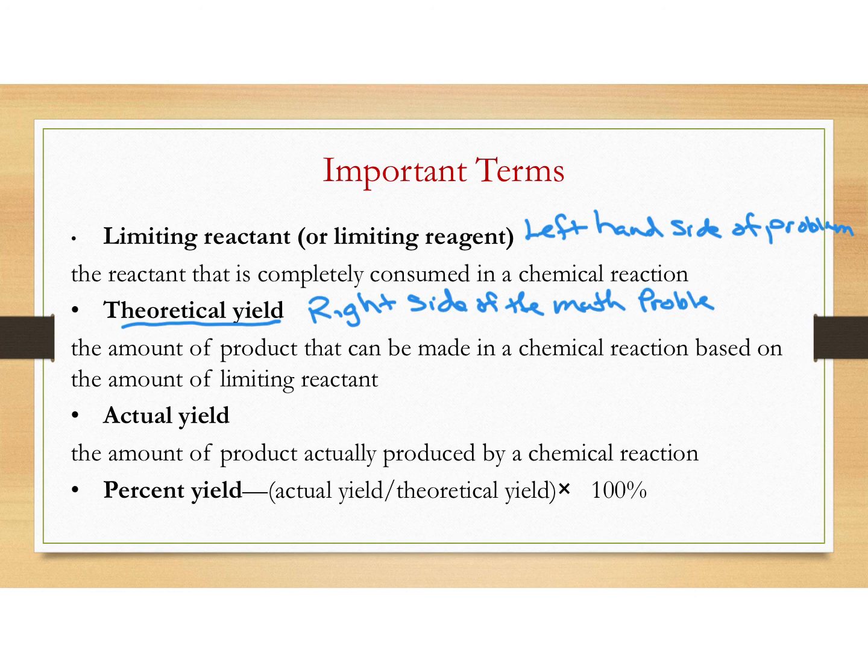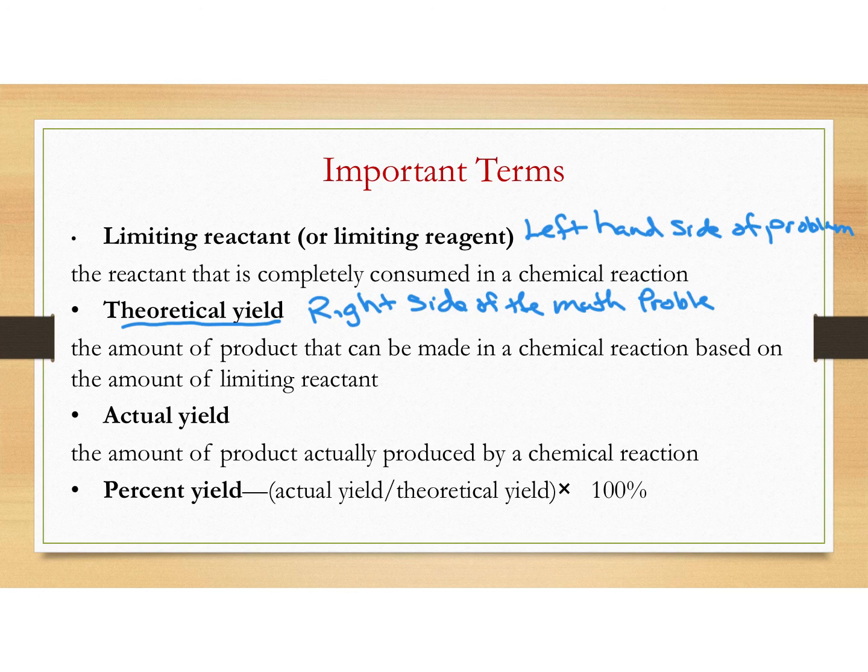Let's talk about actual yield. The actual yield is the amount of product that is actually produced by a chemical reaction. Okay? So in the laboratory, when we do these chemical reactions, we mix them together, we are only going to get a certain amount. Why is that? Glassware may be dirty, right?